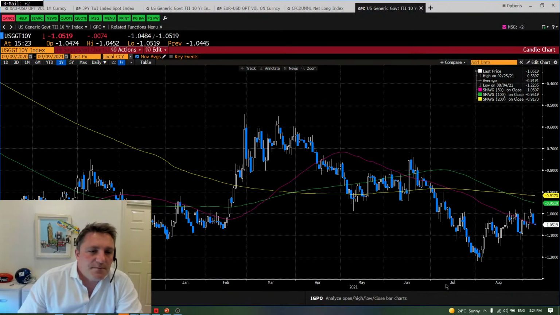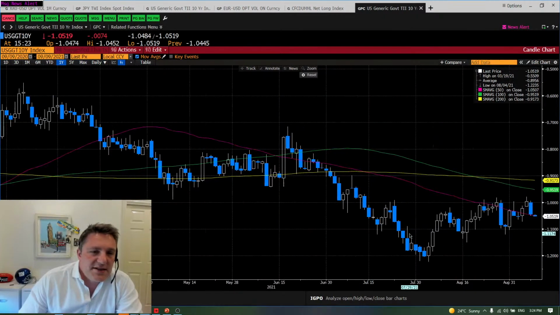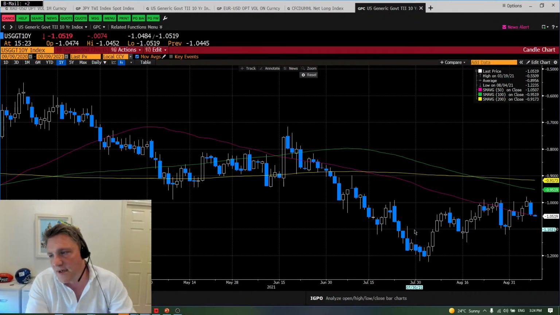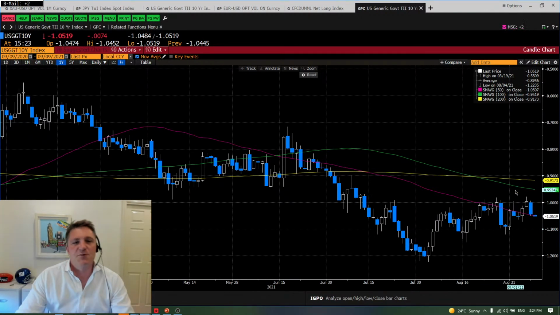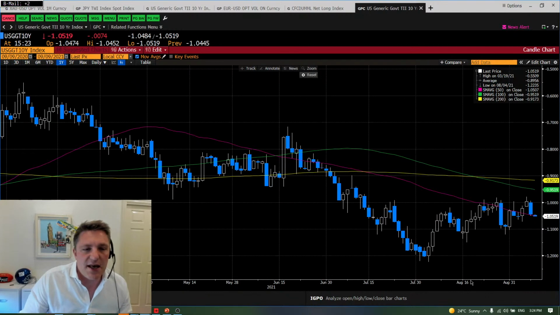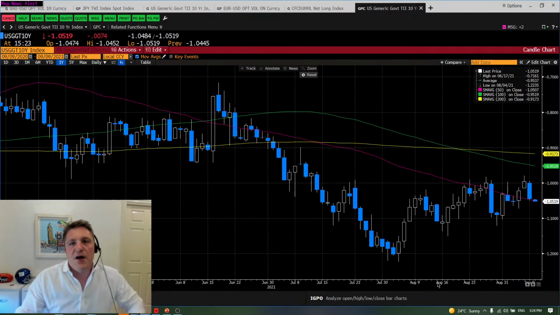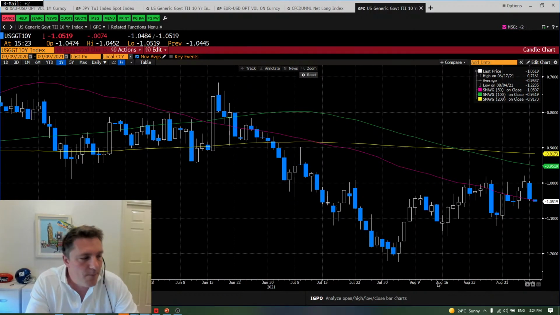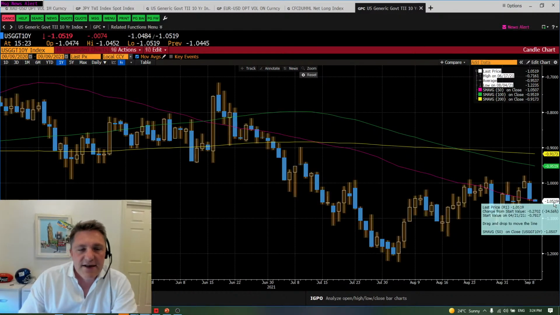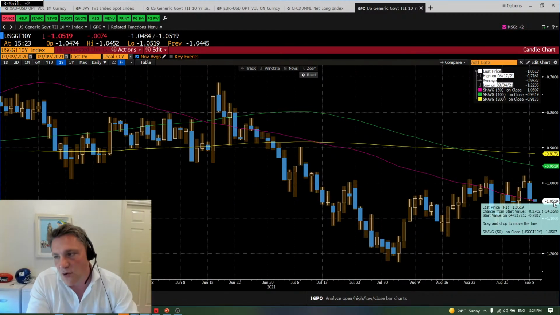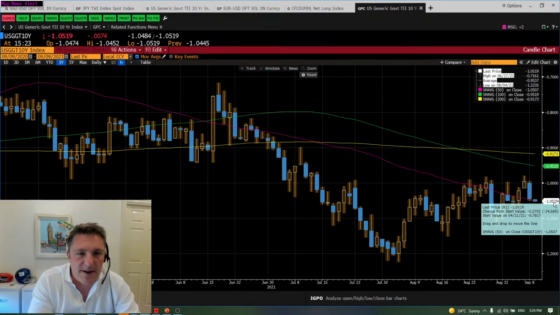Have a look at real rates. These are 10-year TIPS. Effectively, these are nominal treasuries adjusted for expected inflation, and this has been such a big driver of gold. We know that gold has no yield, and therefore, if you see the real returns in the bond market becoming more negative, you can see it's trading at negative 105 basis points, then gold effectively becomes that store of value that everyone talks about.